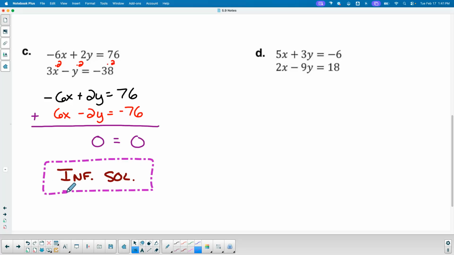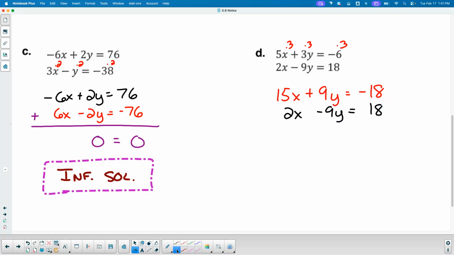We said we were going to multiply the top equation here by 3. So that would give us 15x plus 9y equals negative 18. Bottom equation is 2x minus 9y equals positive 18. We add them together. That gets me 17x, y's go away, equals 0. How am I going to solve 17x equals 0? Divide by 17, so x is 0.